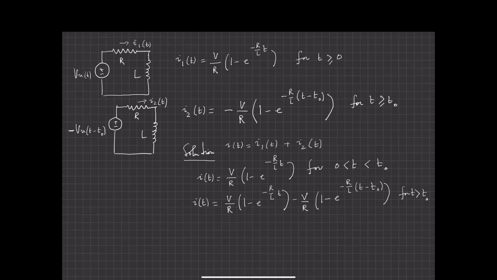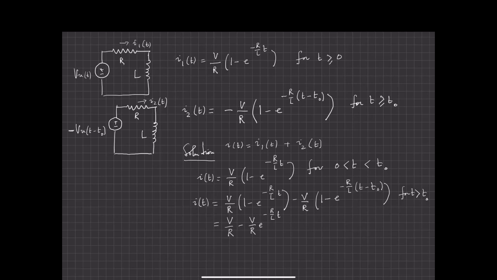Okay, so let's simplify this last expression. And so again, to be a little pedantic, it's V over R minus V over R e to the power of minus R over L t. That's the first term.